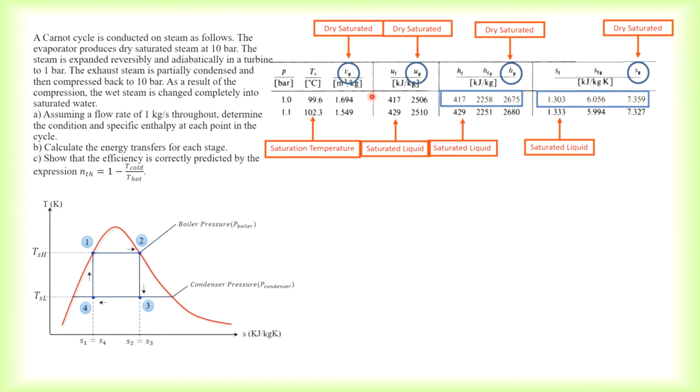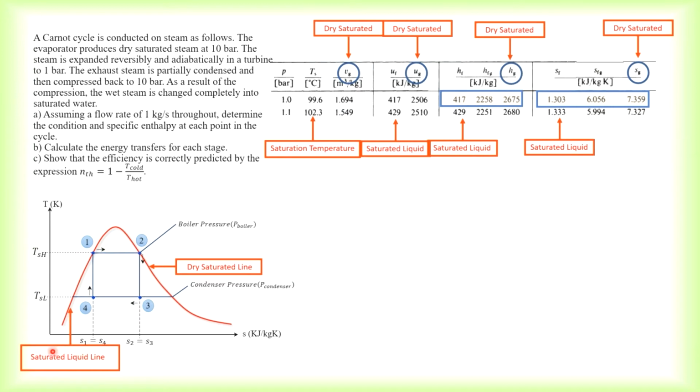So based on 1 bar, the condenser pressure, what we have is the HF, HFG and Hg, and then the entropy. So this line here refers to the dry saturated steam line, or dry saturated vapor line.